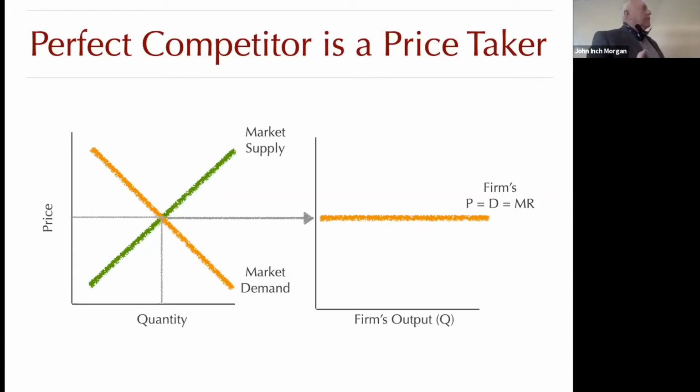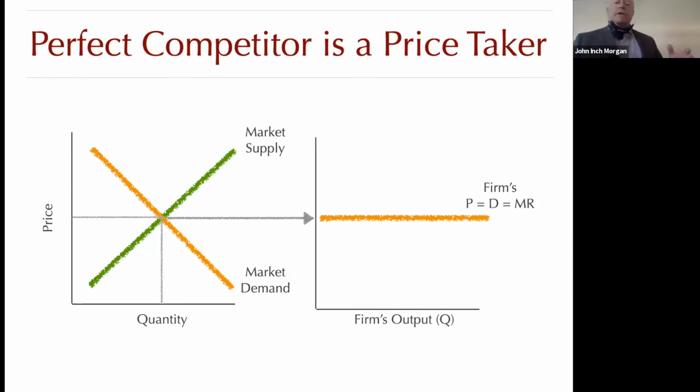And I know that we've kind of conditioned ourselves to say the demand curve has a negative slope, but in this case, what it really means is that the small competitor, because there's so many different competitors in this industry, can sell as many units as they possibly can, and the price is not going to go down. They're price takers. The market is going to set that price. But they are such a small component of the overall market, the overall industry, you can maximize your output, and the price is not going to go down because you're producing more.